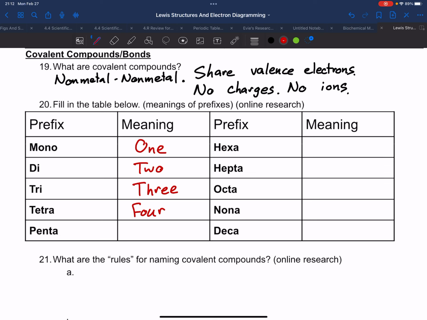Each of the shapes has 4 squares in each one of those, right? Penta means 5. Hexa means 6. Hepta means 7. Octa means 8. Nona means 9. And deca means 10.